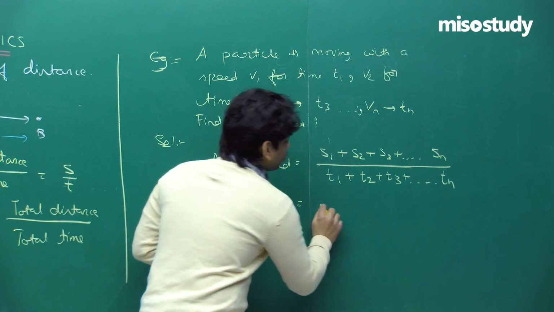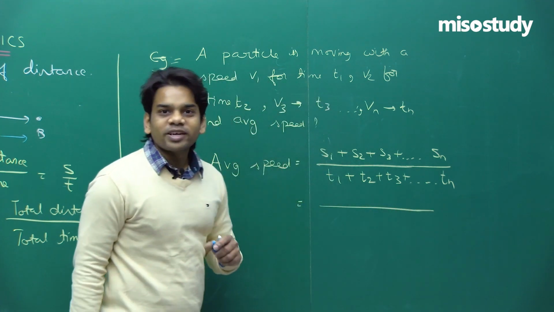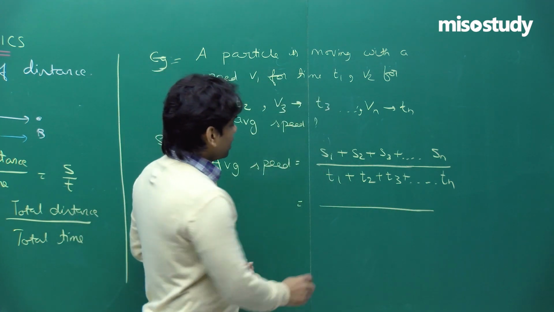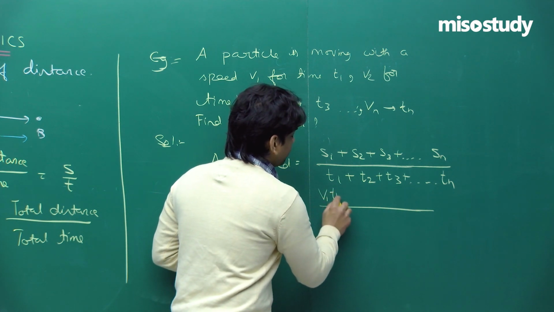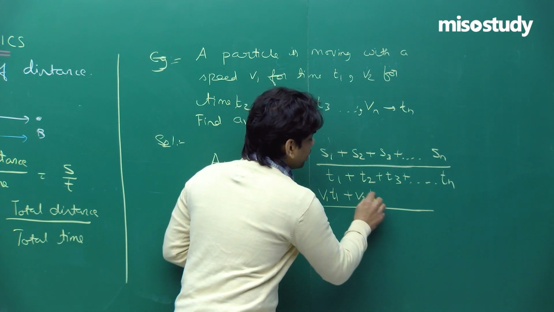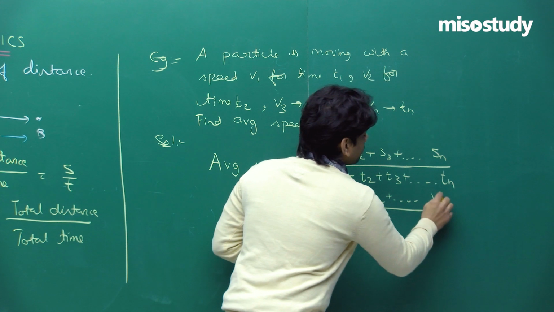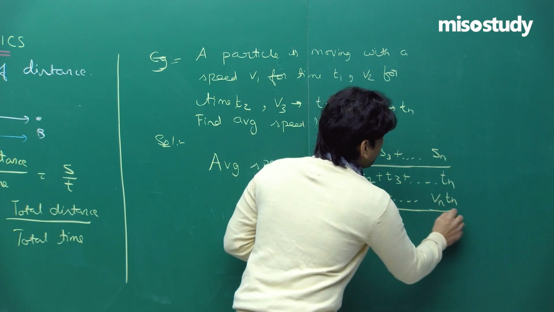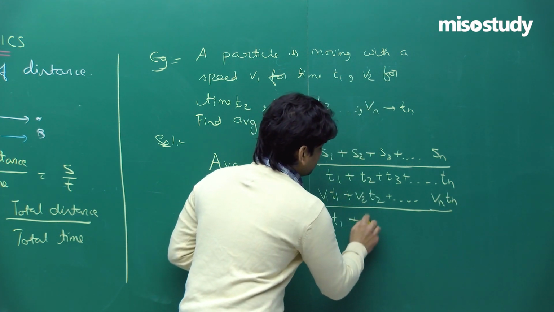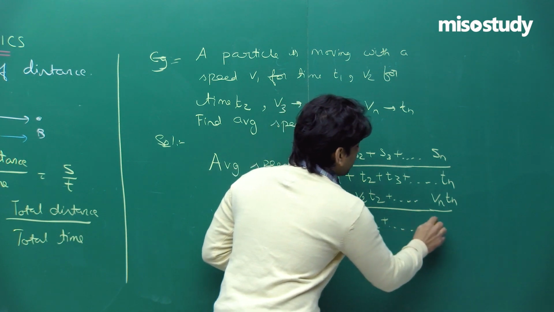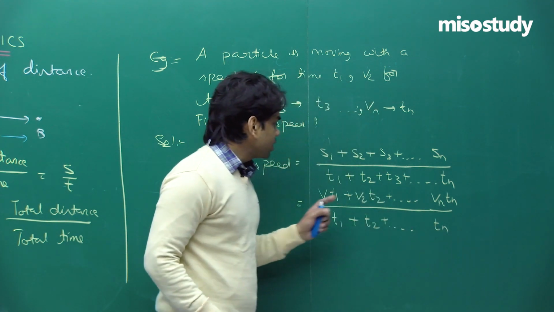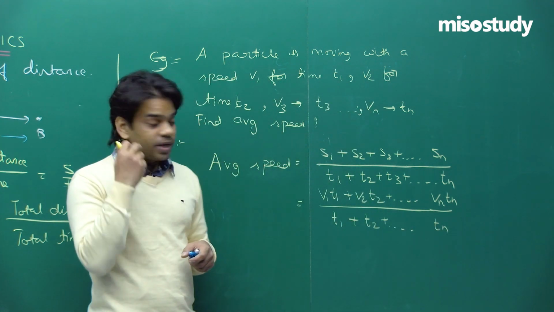Now this will come out to be, we can write s1 in terms of v1 and t1, that is v1 into t1 plus v2 into t2 and so on, vn into tn, upon t1 plus t2 plus so on up till tn. Now this is the answer for average speed that we can see.